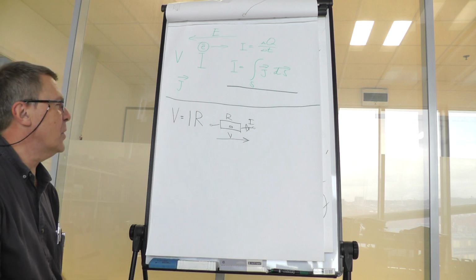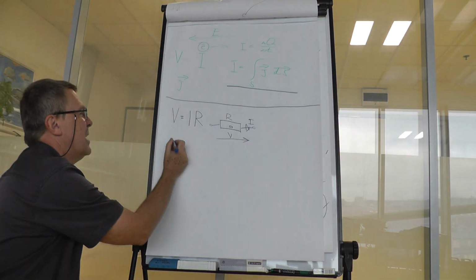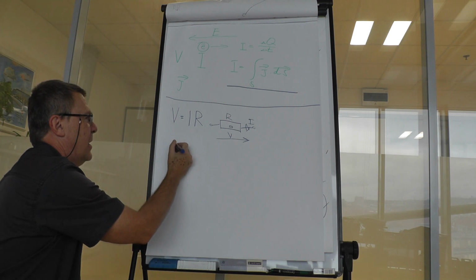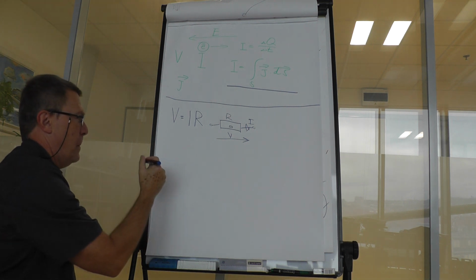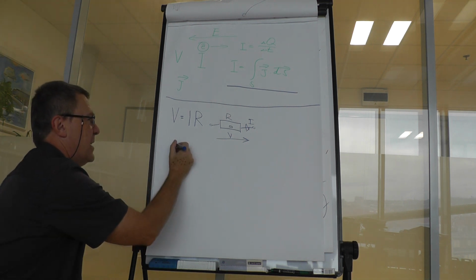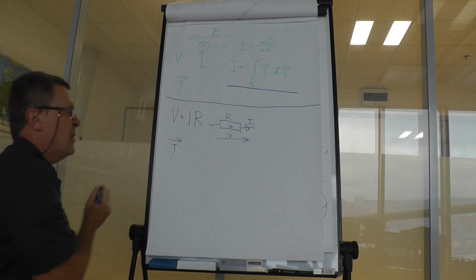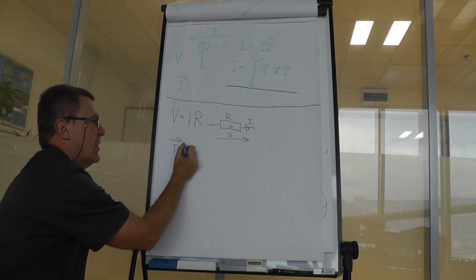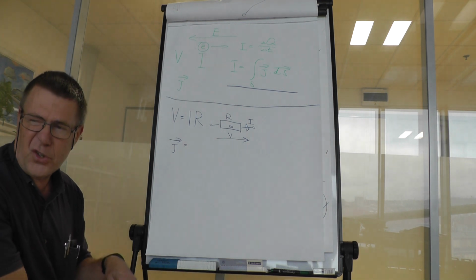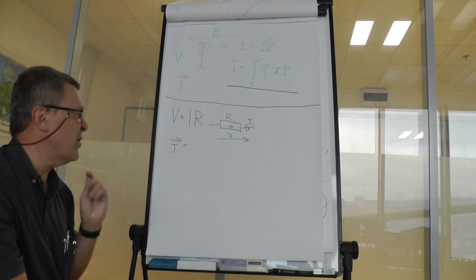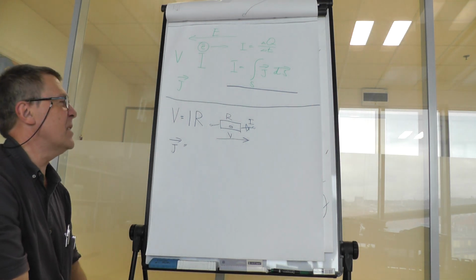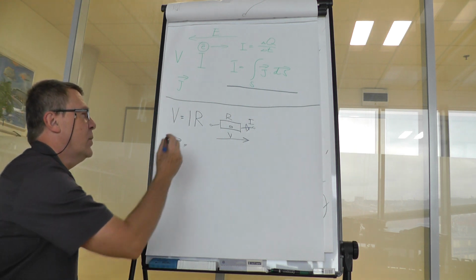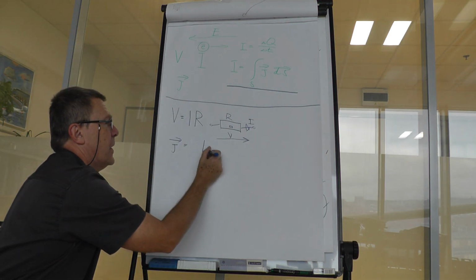And this notation looks like this. We have the current density J, it's a vector, and this current density in the linear homogeneous stationary isotropic media is directly proportional to electric field strength.